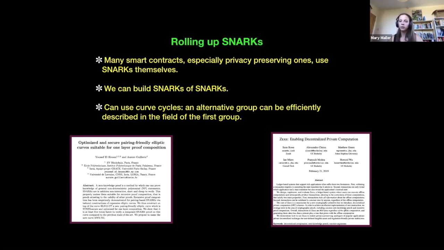You're going to have to do a snark about a snark. And this is something which is very doable. Typically what people use is curve cycles. So they find some kind of group where you can efficiently represent the group which you proved the snark in, and then using that, they're able to build a snark in the second group about the snark in the first group.